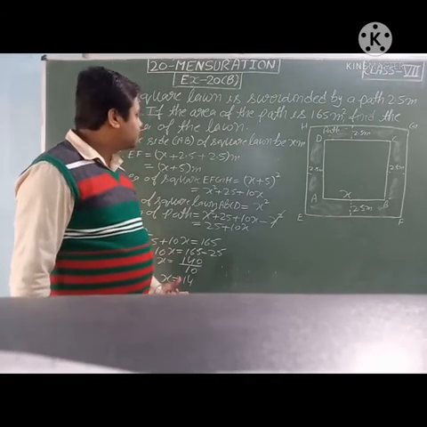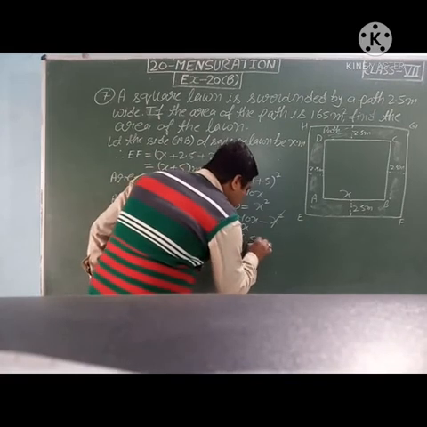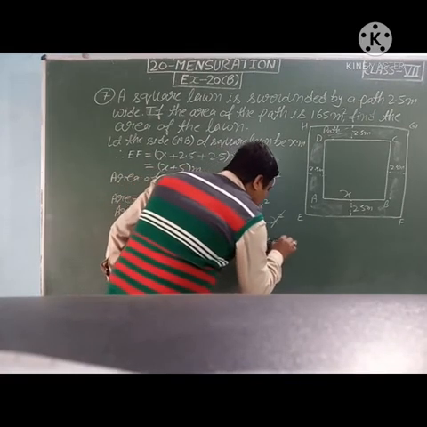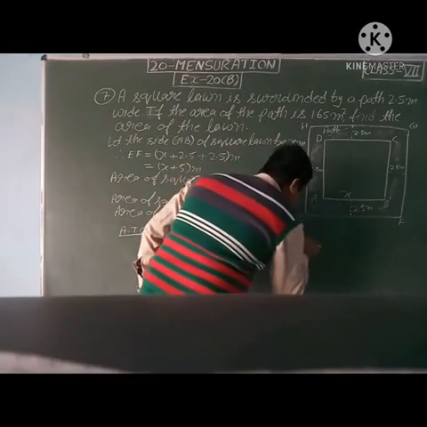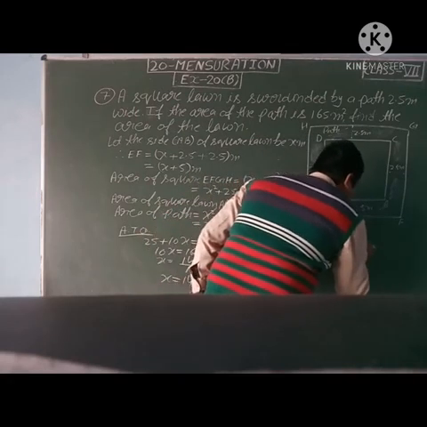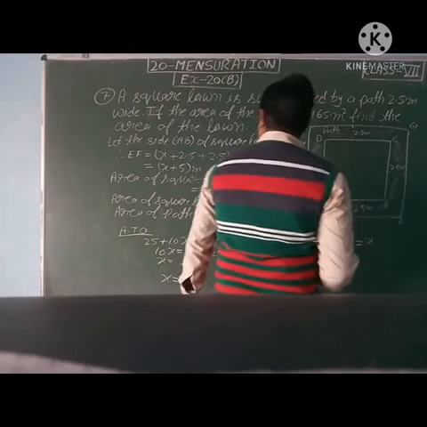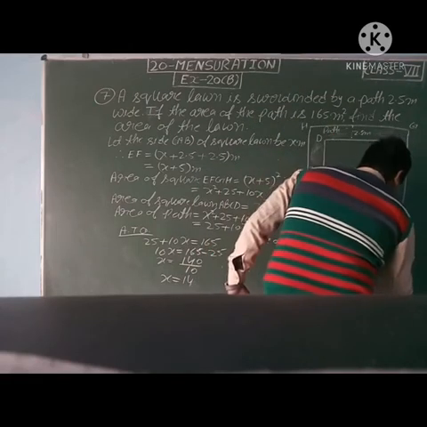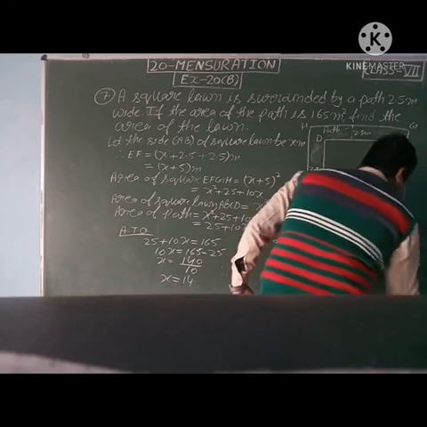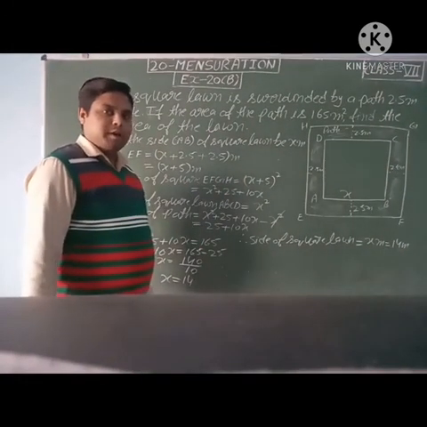It means the side of square lawn is equal to x meter, so 14 meter. The side of square lawn is coming 14 meter.